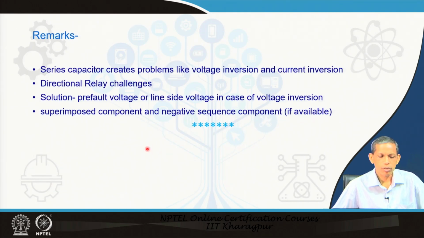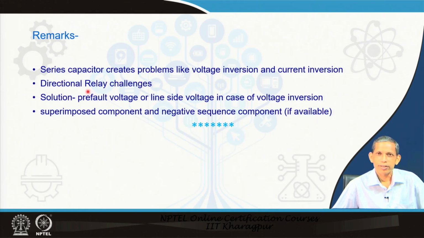Overall, we say that series capacitors create problems for protection, as they modulate the reactance significantly. Furthermore, the transients and the subharmonic components may also interfere with the phasor estimation process.